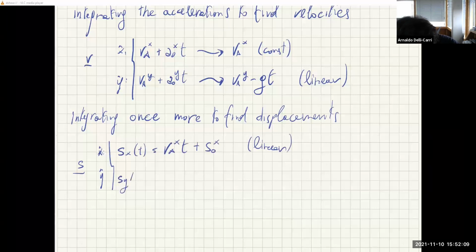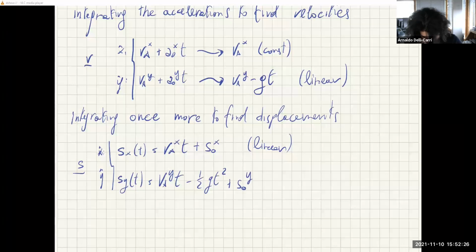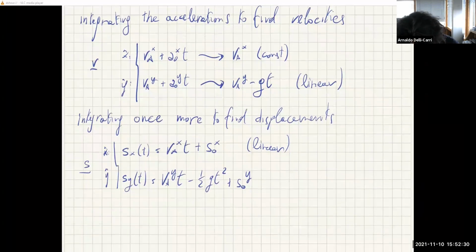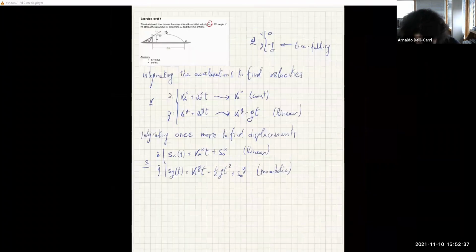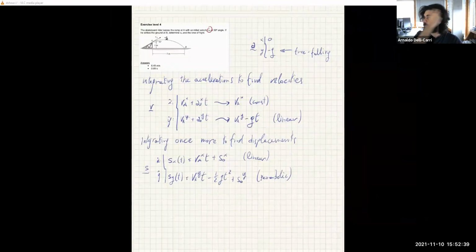And sy of t is vay t minus half gt squared plus s0y. Okay, so let's see what are these numbers. This is parabolic, of course. Now we have the general expressions of all of these.